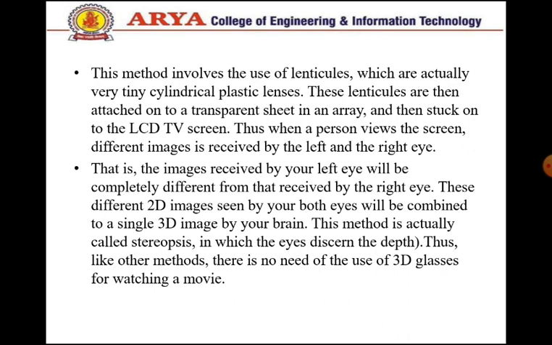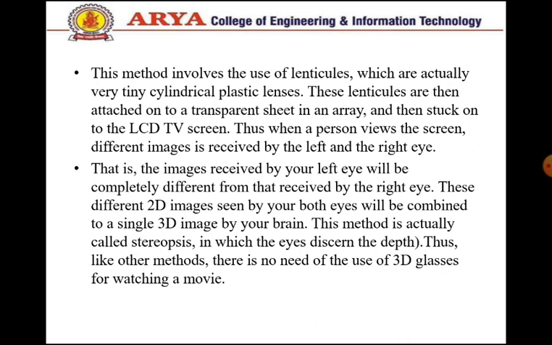Thus, when a person views the screen, different images are received by the left and the right eye. That is, the image received by your left eye will be completely different from the one received by the right eye. These different 2D images seen by both your eyes are combined into a single 3D image by your brain.